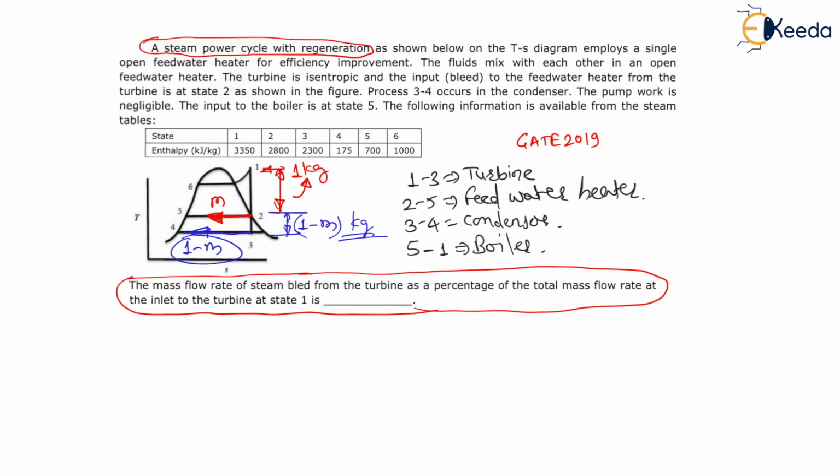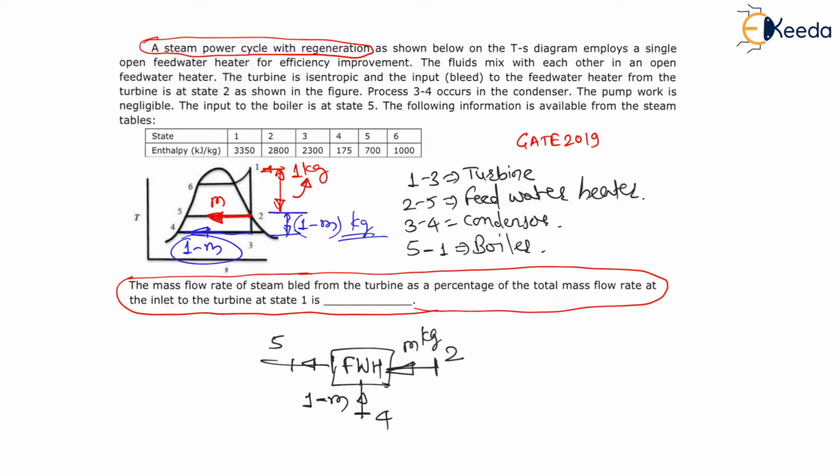So let us find this. My dear students, let us do one thing here. Imagine at 5 the mass coming from 2 is m and from 4 is 1 minus m. Let us say this is a feed water heater. From 2, m kg of mass is coming, and from 4, 1 minus m kg of mass is coming, and at 5 they get added.